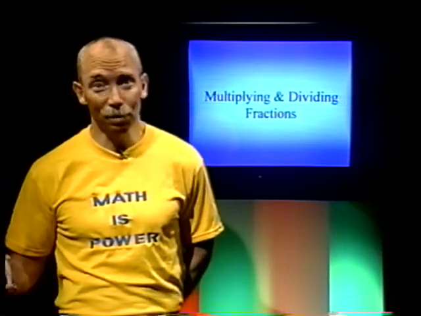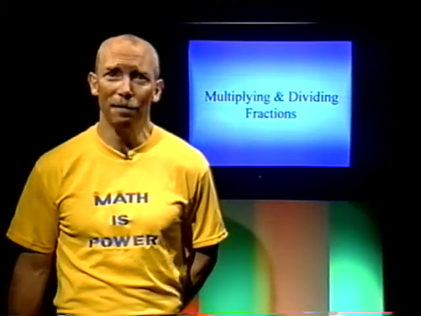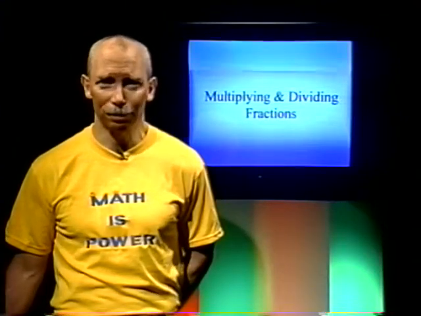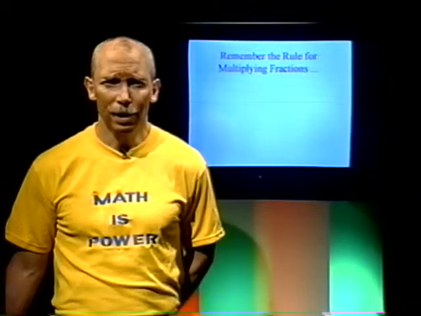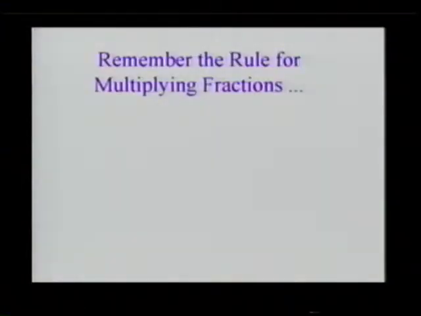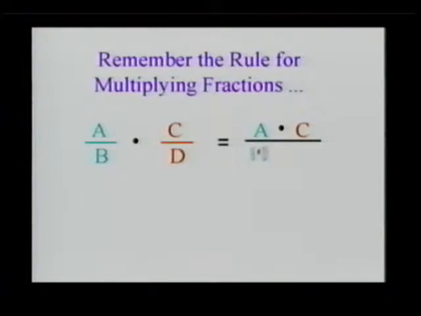Now, a very similar thing happens when you multiply and divide fractions. Let's take a look. When we multiply and divide fractions without variables, just regular old numbers, we use the rule a over b times c over d equals, just multiply the tops, a times c, and multiply the bottoms, b times d.